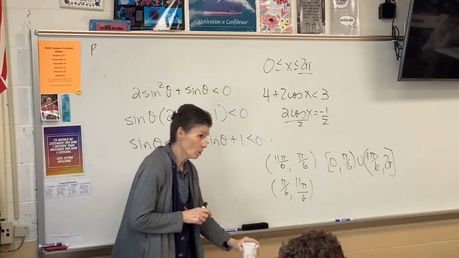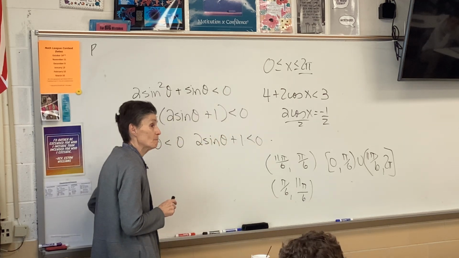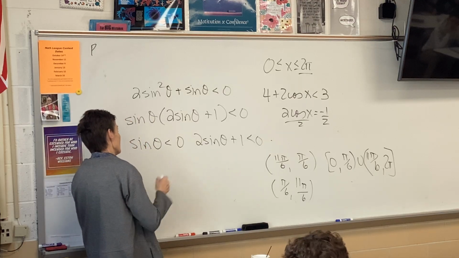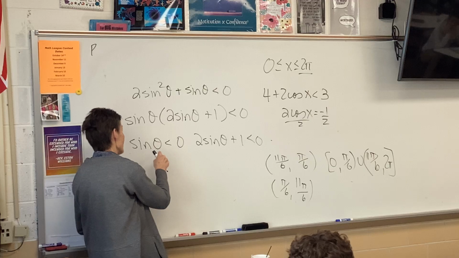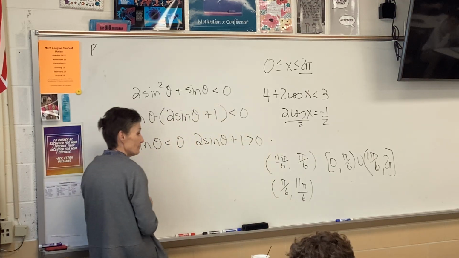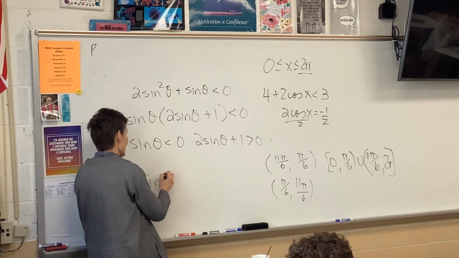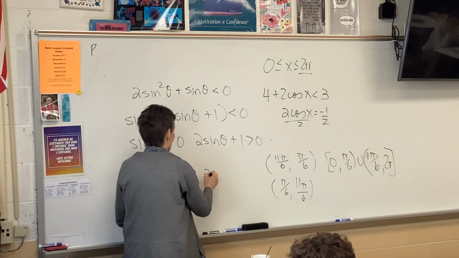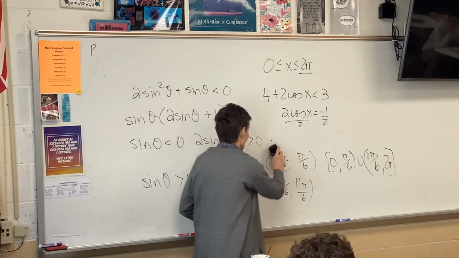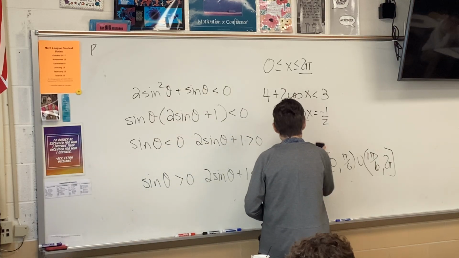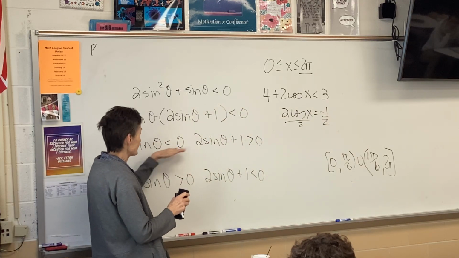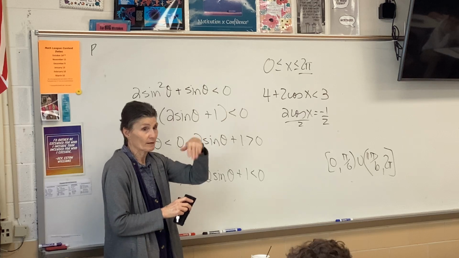So you can approach the problem that way, if you wish. I need one of them to be positive and the other one to be negative, or vice versa. Now, is everybody okay with this? Because it is so tempting to do that less than, and that will be wrong every time.